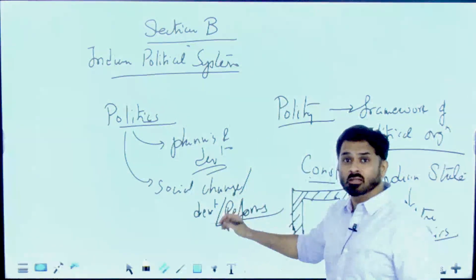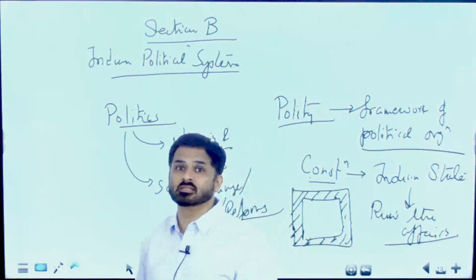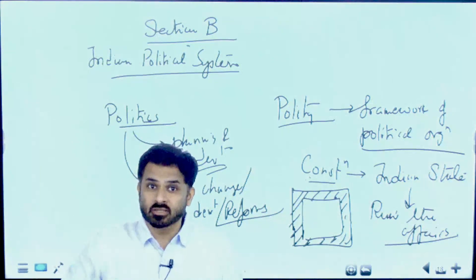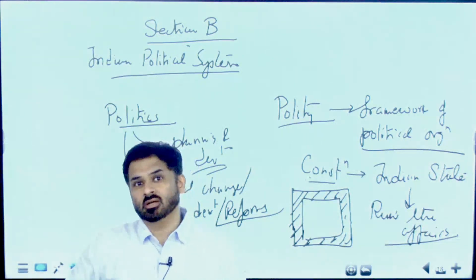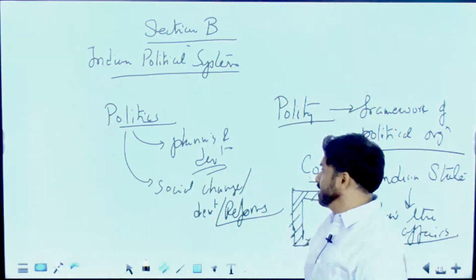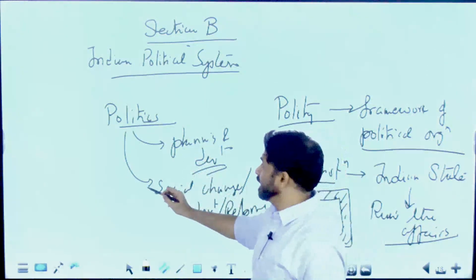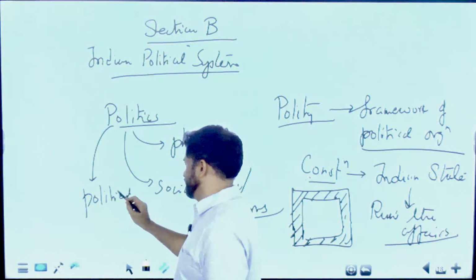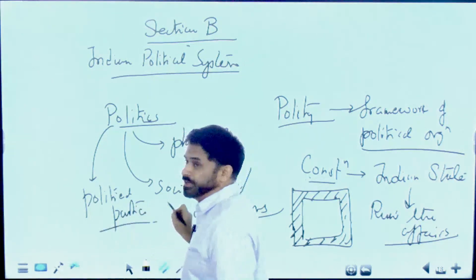So all the issues related to social movements in India, or caste, class, religion, communalism, all these issues are going to be studied here as part of the political process in India. Then we will also study everything about institutions like political parties in detail. These things you are not going to study in your Indian polity.